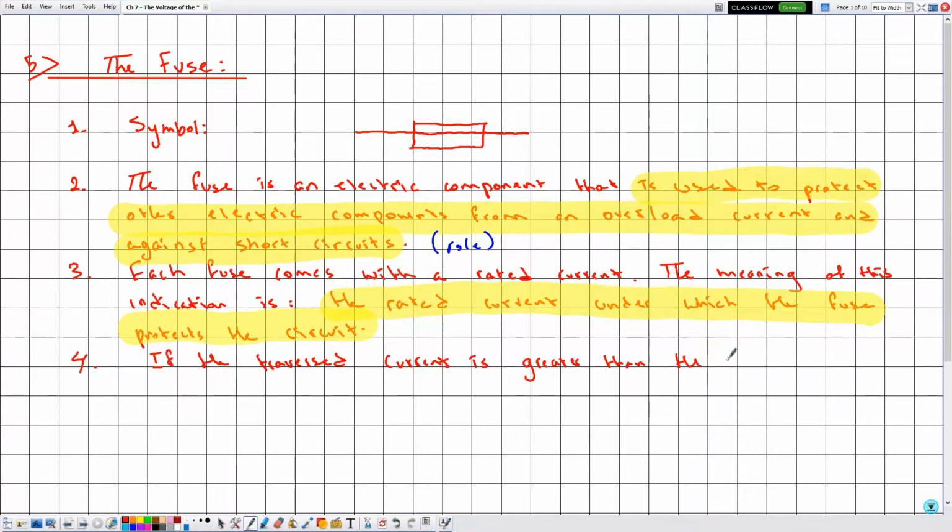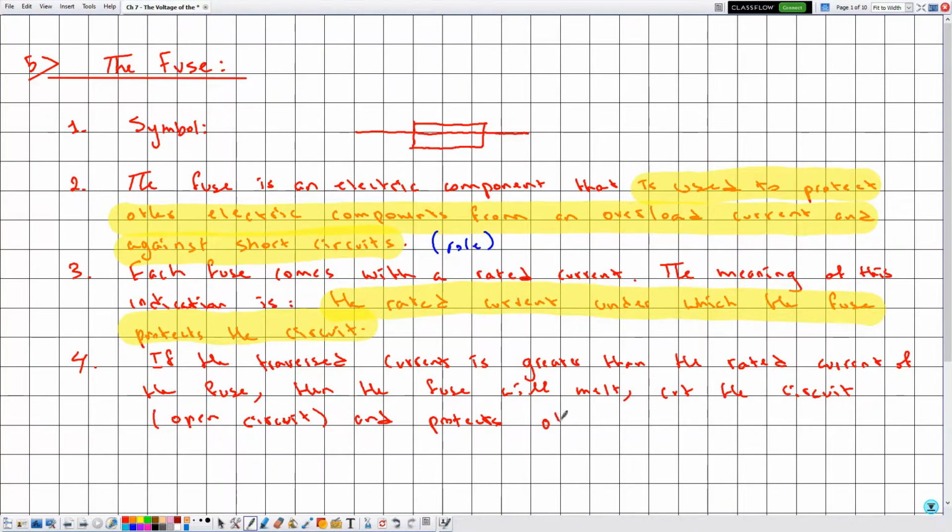So if the traversing current is greater than the rated current of the fuse, then the fuse will melt, cut the circuit, which means now it is an open circuit, no more current is traversing the circuit, and it protects other electric components and stops the current.